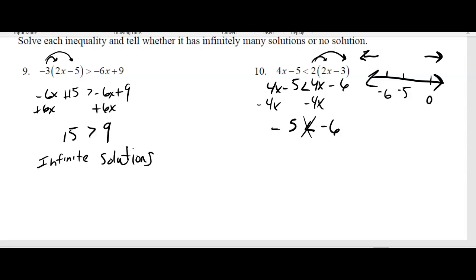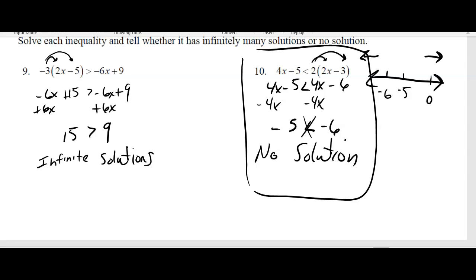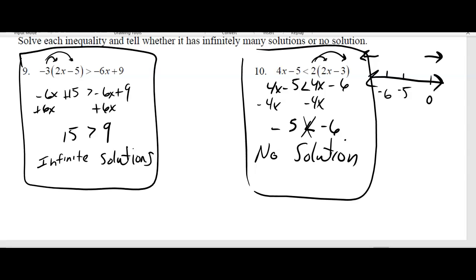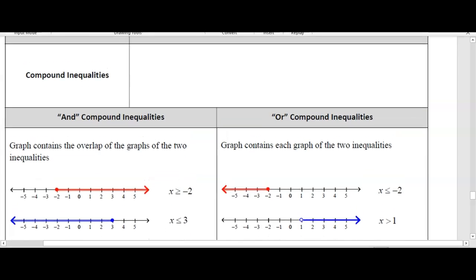That's not true. Never. So that's when you have a no solution. You cannot find any number that works for this equation. And the opposite, any number you pick over here works. Okay, that's part 1. Moving on.